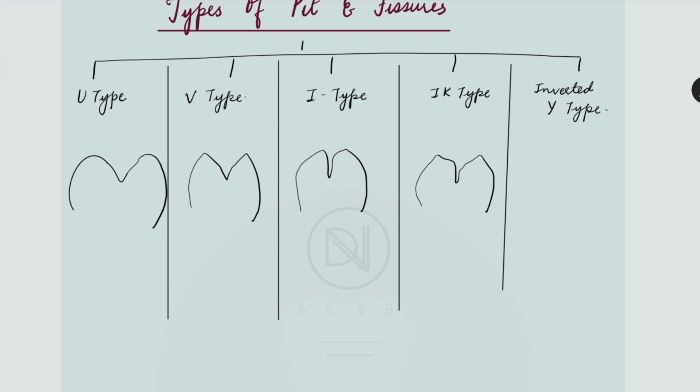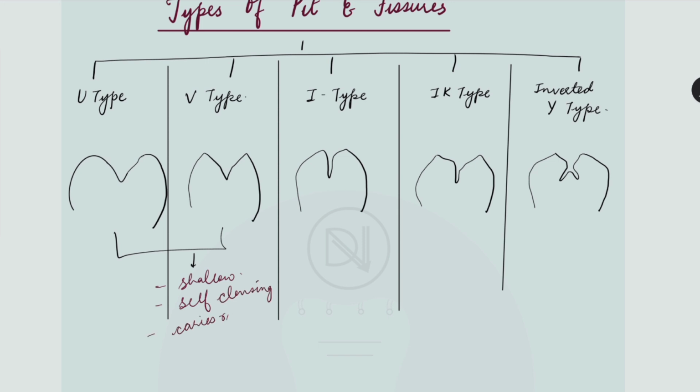And this one is your inverted Y type. When you see the V and Y types, you will see that these are shallow, self-cleansing and caries resistant. Therefore, it does not require any kind of treatment. So no treatment needed.